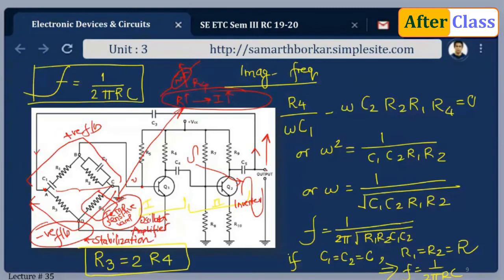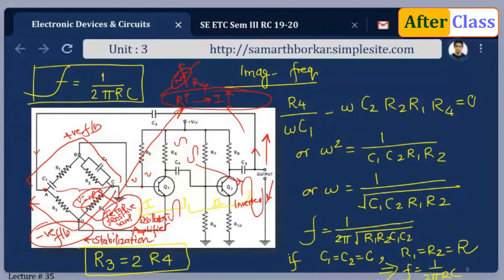If output happens to be more, if voltage happens to be more, it will have more current, meaning more resistance, meaning V equals I into R. More will be the voltage drop across this resistor. And where is it applied? It is applied here. We had said, see, from the emitter to the ground, there is this R4. And you remember this always acts as a negative feedback. See, first stage, voltage across this will be in the opposite direction. So more negative feedback will negate the effect of increasing the output voltage. So this will be nullified.